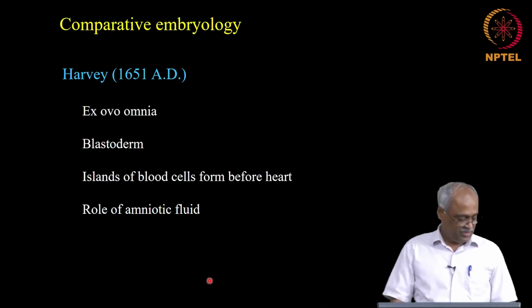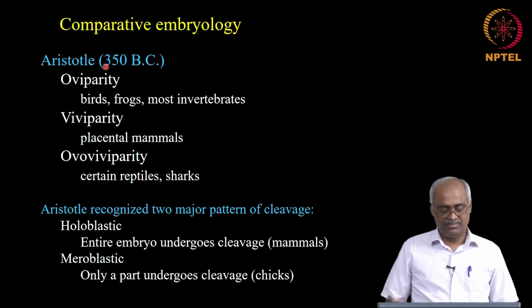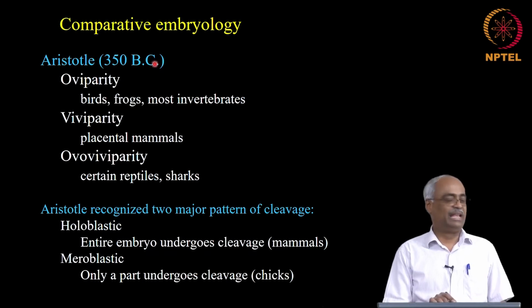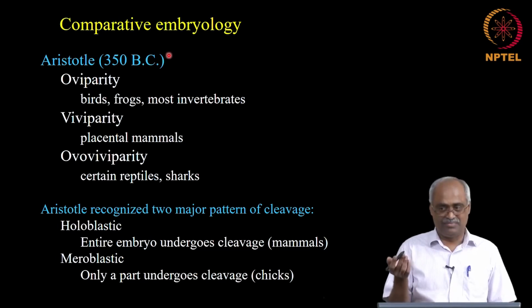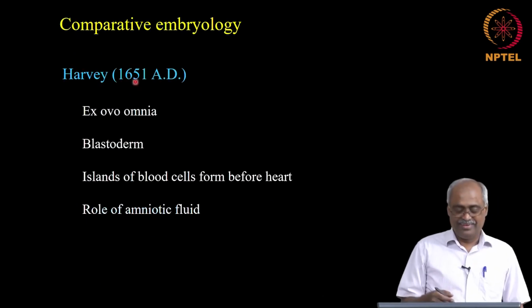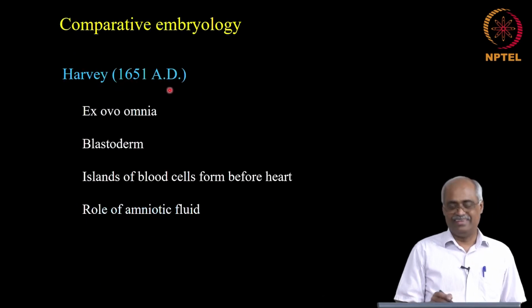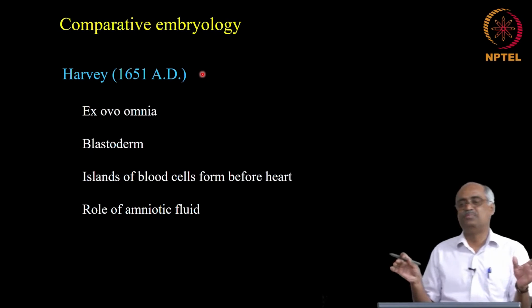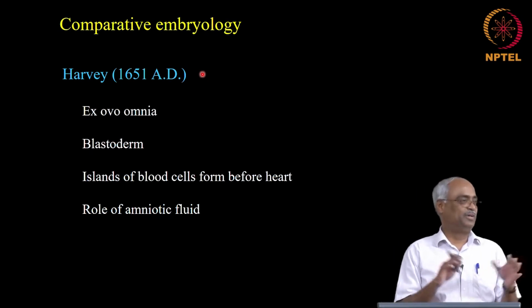So, now you see the timeline. 350 BC, okay. Then the field sleeps for a long time, a dormant stage, it is going on in the brains of people, but no major breakthrough. And then 1300 years later you have Harvey observing that all life comes from the ovum, from the egg.